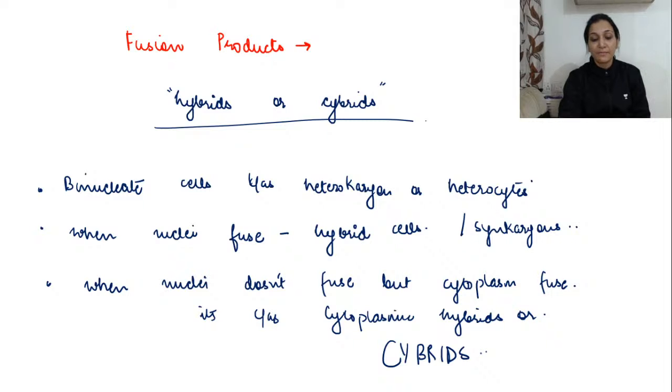Now, what is the application of somatic hybridization and cybridization? The application part should be seen clearly because that is where it is applied in real life.